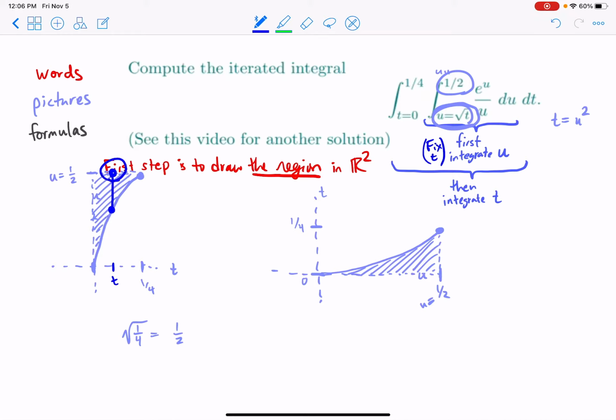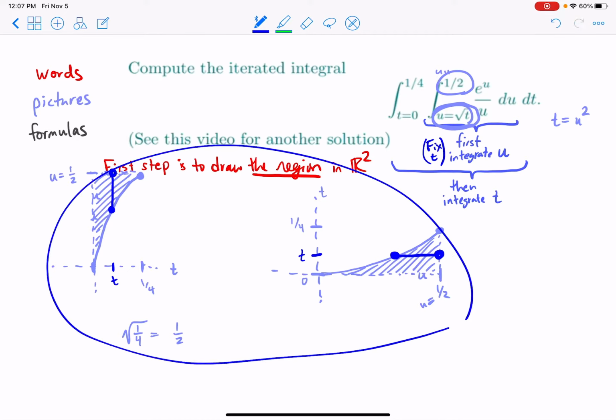The top is u equals 1/2, which is over here. Over here, if I fix t, then my left to right, the left is the curve, and the right is the u equals 1/2 line. Okay, so both of these pictures are for this order, du dt.